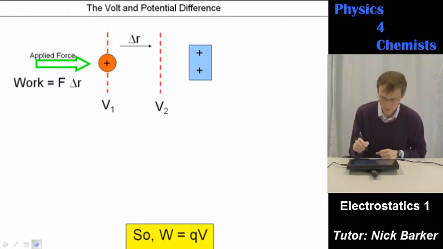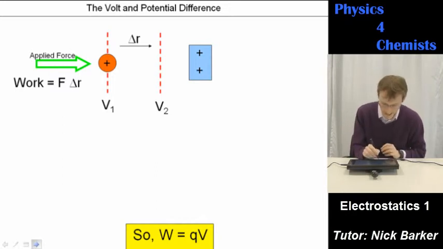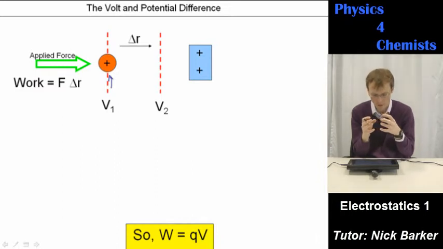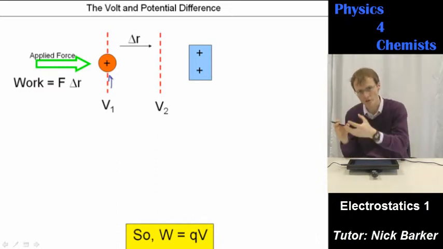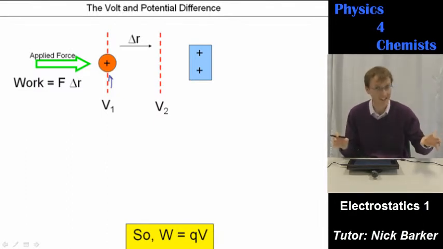The volt and potential difference. You might remember, potential difference, PD, is an alternative term for voltage. If you have the object here, as shown, it's got a certain amount of electrical potential energy. If you move it closer, it's got a different amount of potential energy. It's more now. If you move it further away, it's a different amount of potential energy, now less.